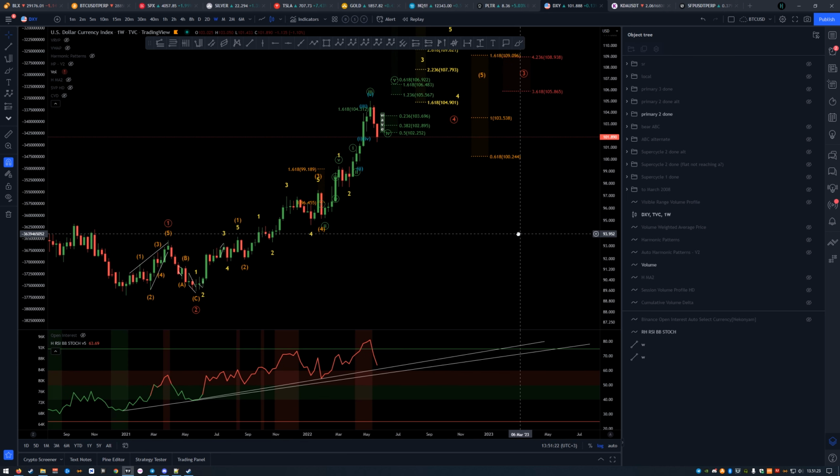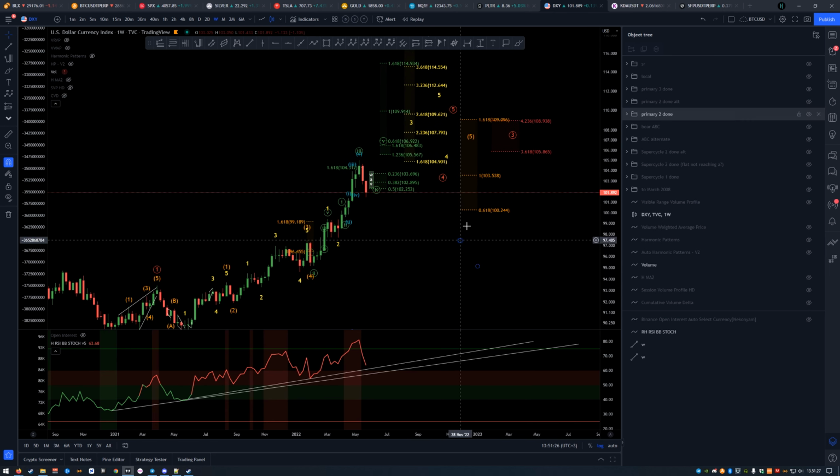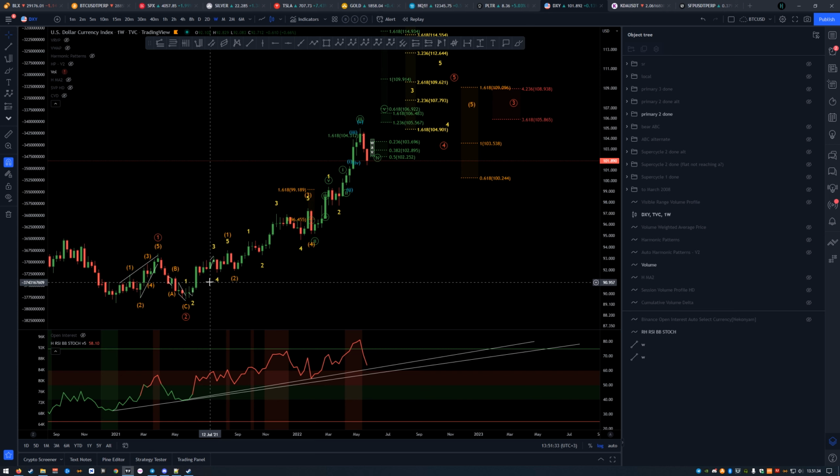So this one was the one that I presented last time, saying that this was 1, 2, 3 was to come later. We're almost at that target of 3.618 extension. It's extending really a lot.